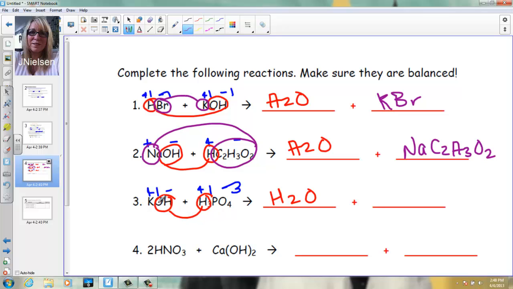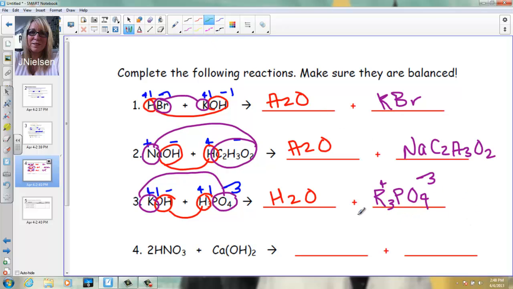Then my K and my PO4 are going to hook up. My K has a +1 charge. My PO4 has a -3 charge. Therefore, I have to bring this 3 down here, and I wind up with K3PO4. Now this I have to balance.